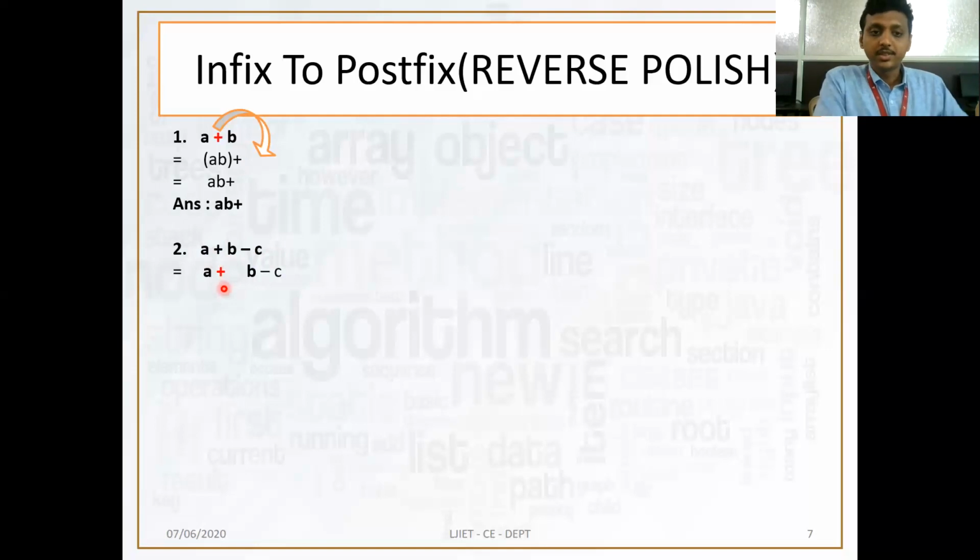If you are watching this video, please see that I am highlighting plus. The highlighted operator will be executed first. So in this expression, we execute the plus first.